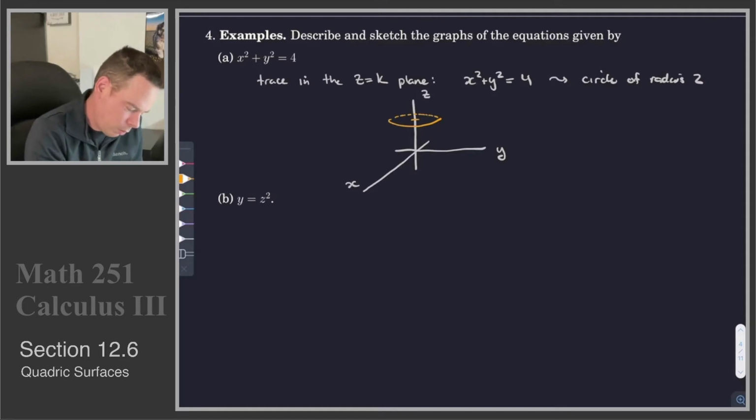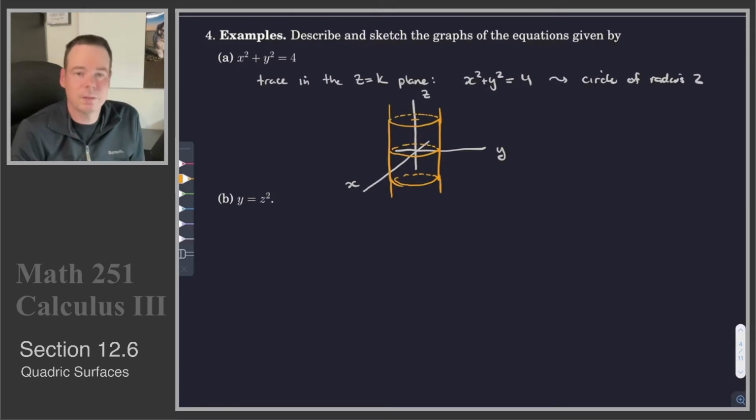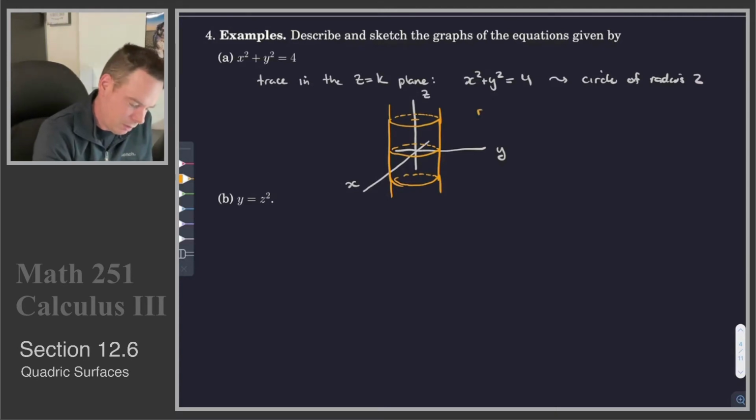So that's true no matter what height we're at, even for negative z values. Always a circle of radius 2. And so there is our corresponding graph. And it just continues on down and up. And what kind of graph is this? This is our right circular cylinder.